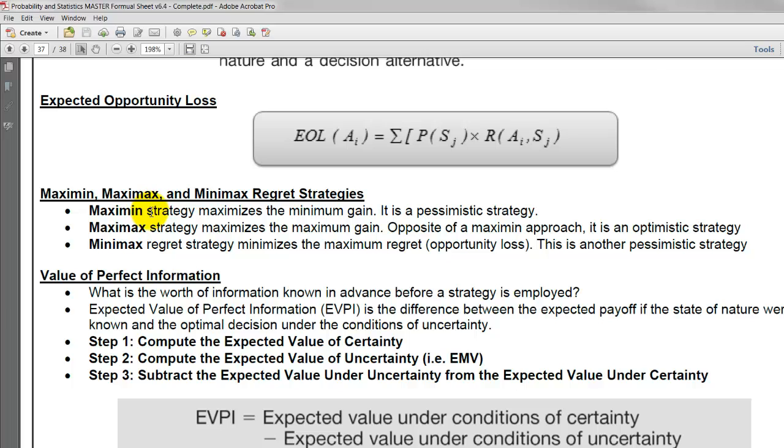Again, pointing out that the Maximin strategy maximizes the minimum gain, so it's a pessimistic strategy. The Maximax strategy maximizes the maximum gain, so it's the opposite, therefore an optimistic strategy. Minimax Regret minimizes the maximum regret or the opportunity loss, which is another pessimistic strategy.